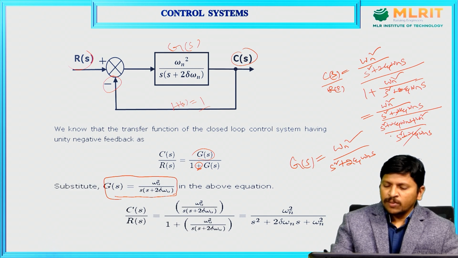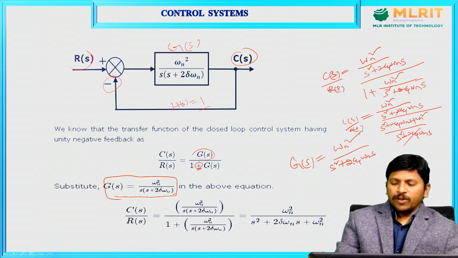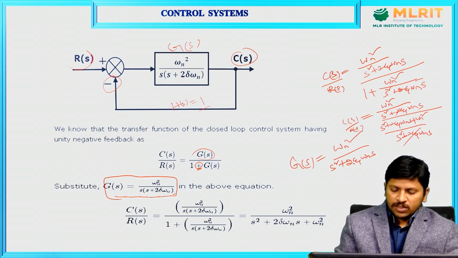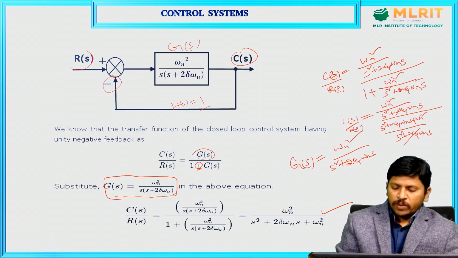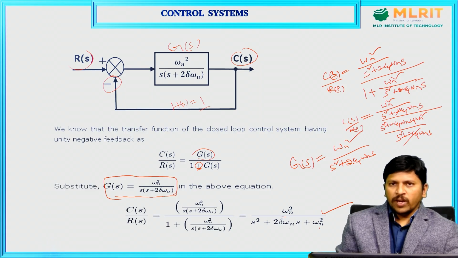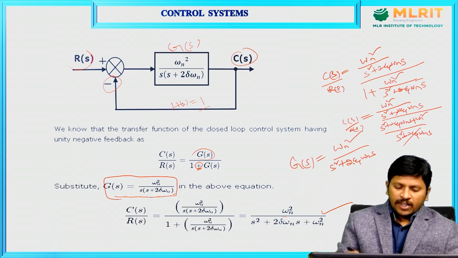Finally, this is the transfer function of the unity feedback second order closed loop system: omega n square divided by S square plus 2 zeta omega n S plus omega n square.